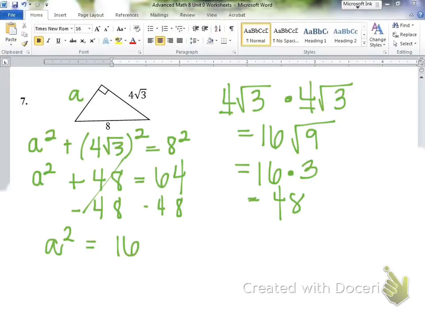Let's try it again. 16. Okay. And then how do we get a by itself, everybody? Square root. So square root both sides. The square root of a squared is a. And the square root of 16 is 4. So your missing side is 4.